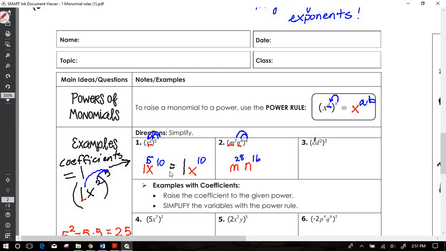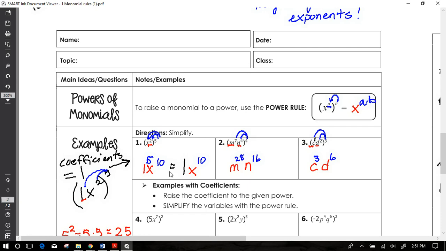So let's bring down my two bases, C and D, C and D. Okay, now I'm going to do my exponents. 1 times 3 is 3. 2 times 3 is 6. And that's my final answer. All right.